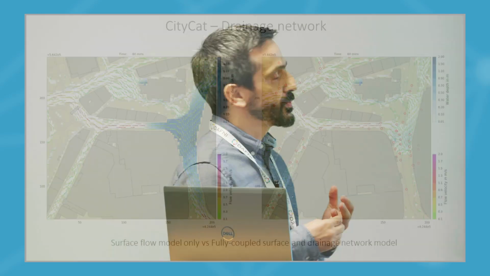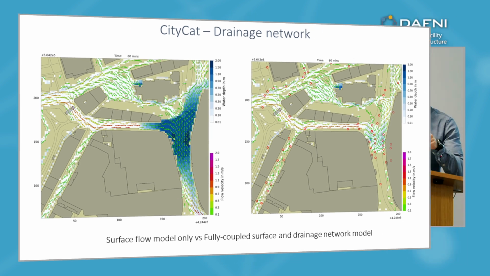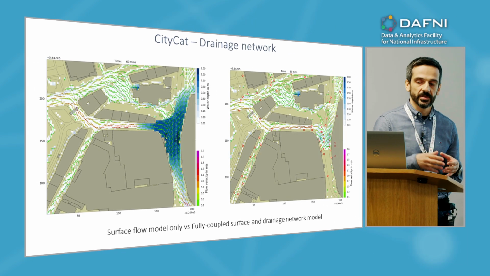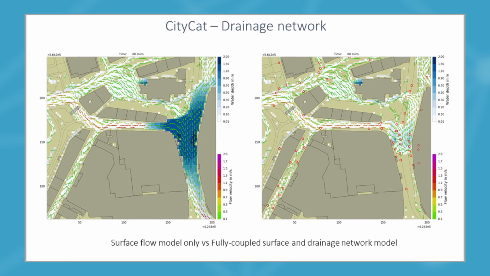run. And in some cases, the pipe network, the drainage pipe network, is important. So the plot on the left shows the results from a surface flow model only, and then the one on the right shows the results from a fully coupled model. So we can see the differences in water depths.